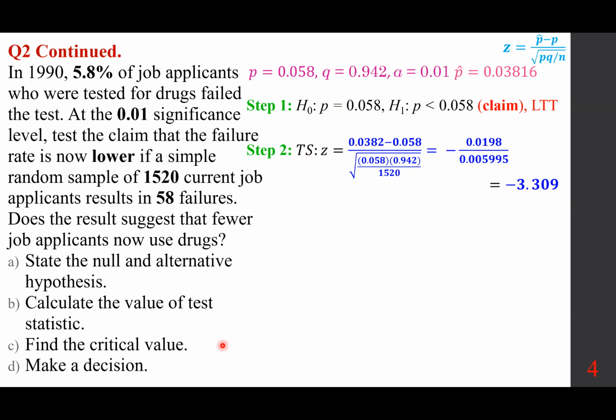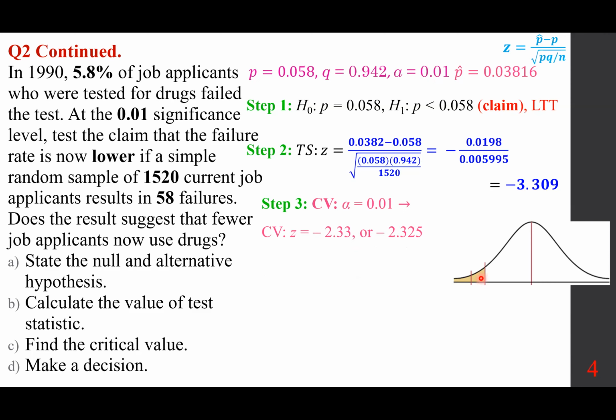The third step is the critical value, CV. Alpha is 0.01. It's a left tail test. So everything is on the left side. So this tail ends up being negative 2.33 or negative 2.325.